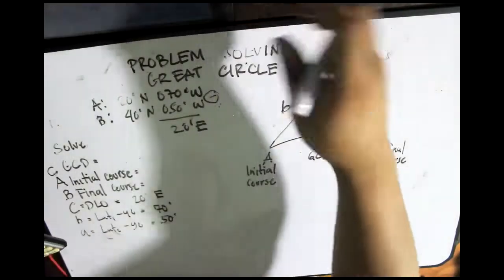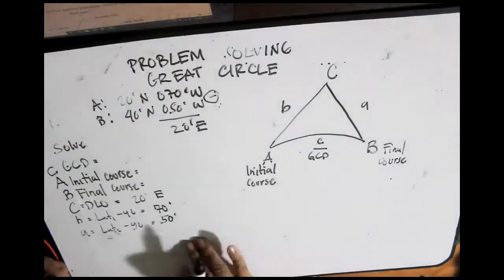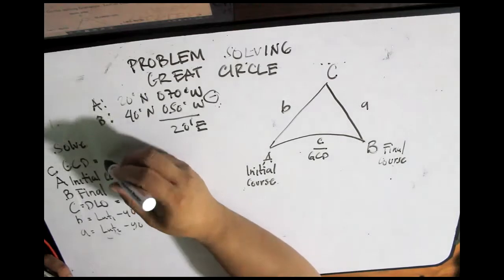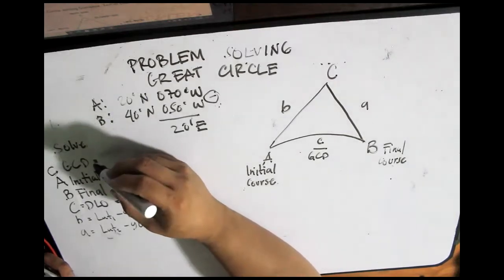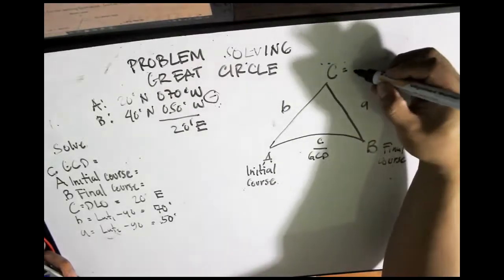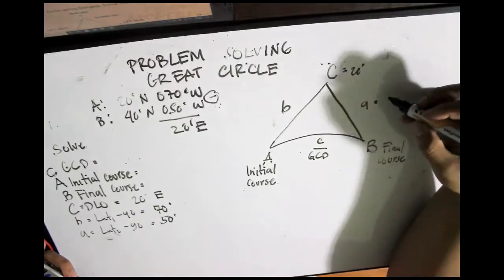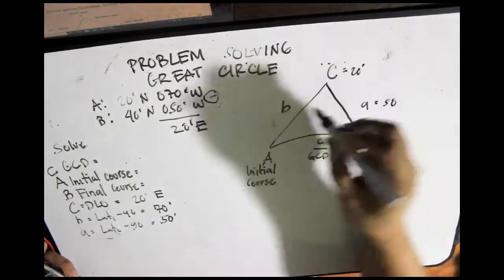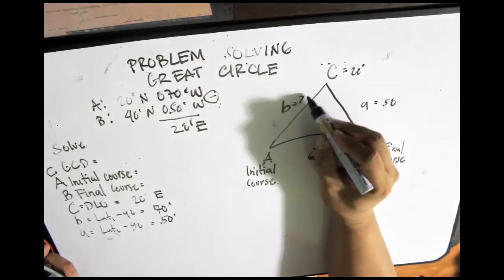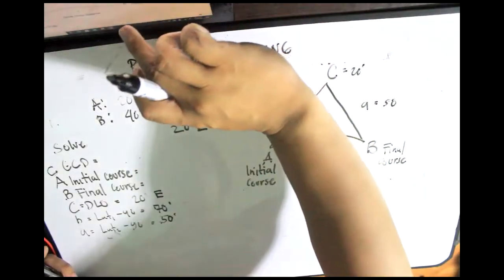Okay, 50 degrees. So now by here, we can now calculate for the great circle distance. Okay, so ililabel lang muna natin yung DLO mo ay 20 degrees, yung A mo ay 50, yung B mo ay 70.